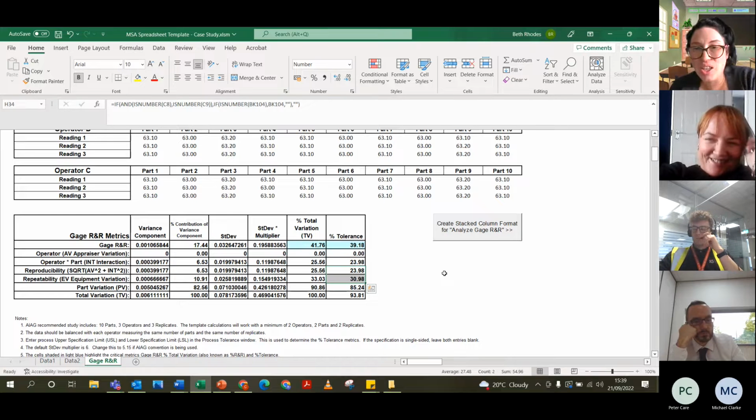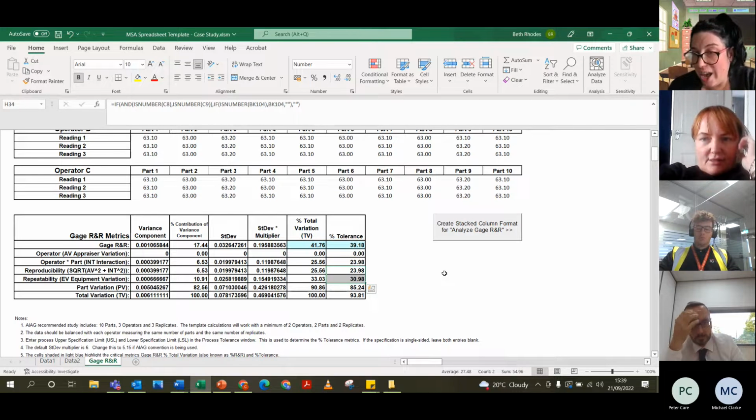Yes. So our reproducibility is 23.98% tolerance. What does that tell you? That it was okay. Well, borderline. It's okay, it's not great. It clearly needs improvement, but it's not bad. What about repeatability?